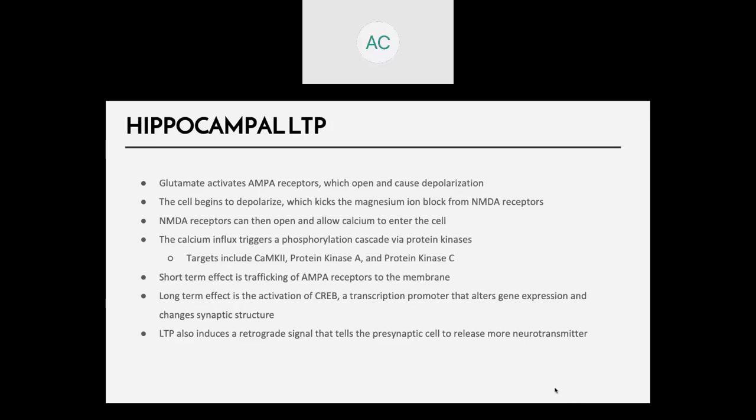And LTP also induces a retrograde signal that tells the presynaptic cell to release more neurotransmitter. So there's a lot of processes happening at the same time to enforce LTP, just to make sure that if one mechanism doesn't work or is slow for some reason, then there are other mechanisms working towards the same goal.